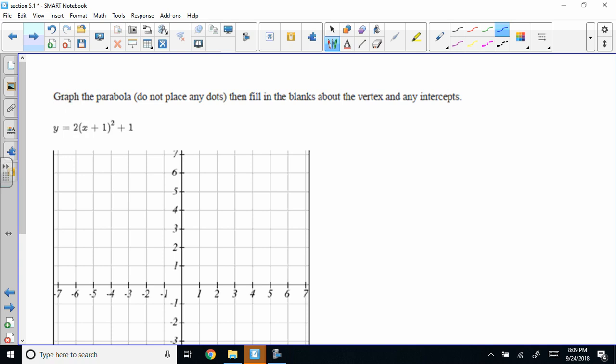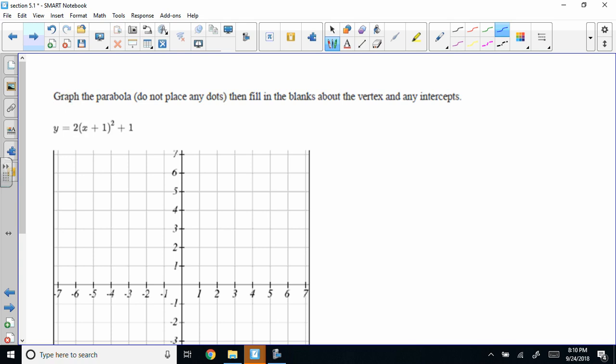How are we going to graph it if we don't put any dots? Lord help them. You can erase right there.